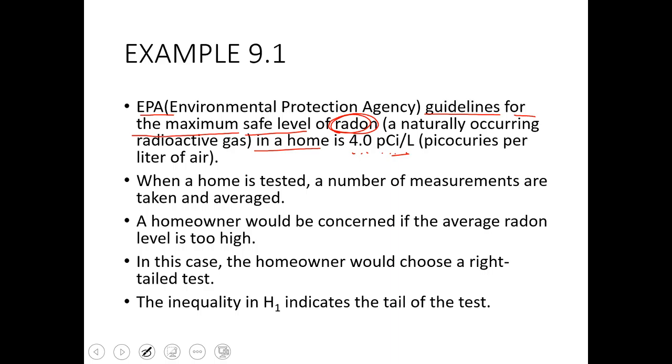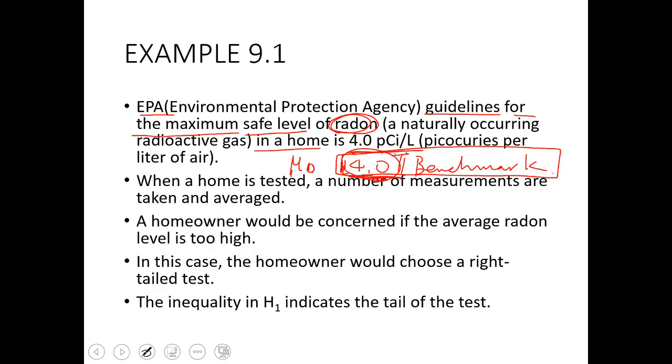So this value 4.0 is our benchmark value. It does not come from the data, but it comes from the safety level. If this radon level is larger than 4.0, then it will be dangerous. So that is our benchmark value, mu 0.